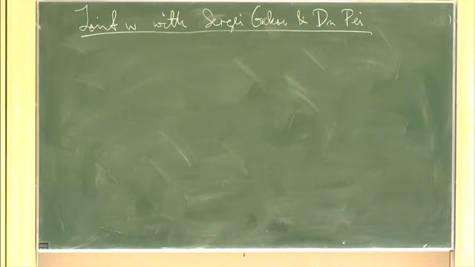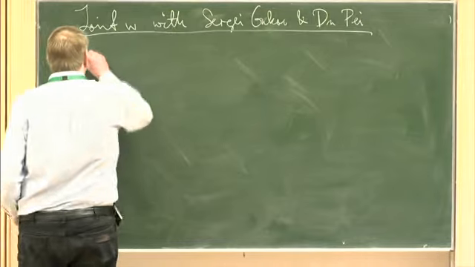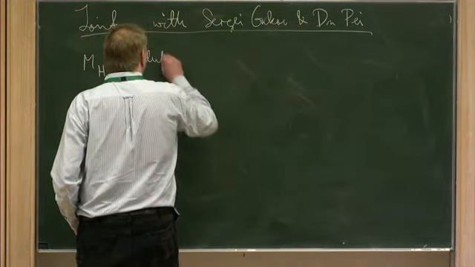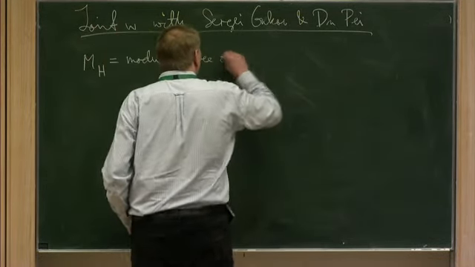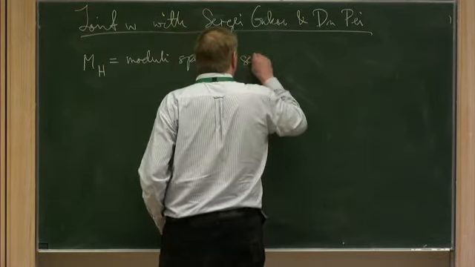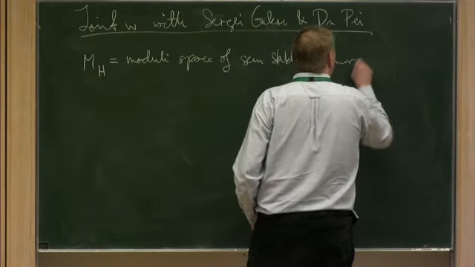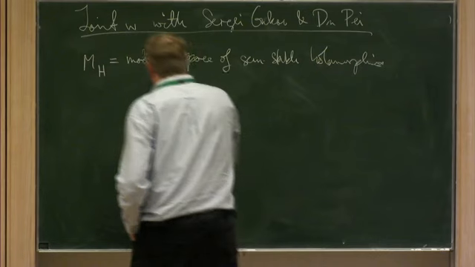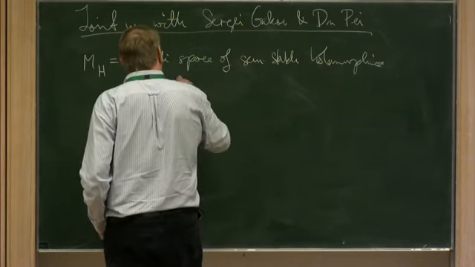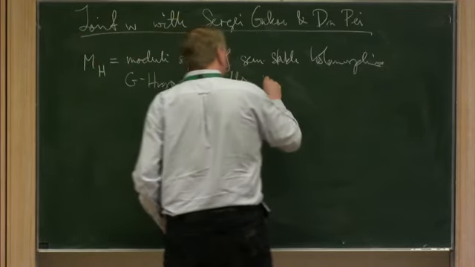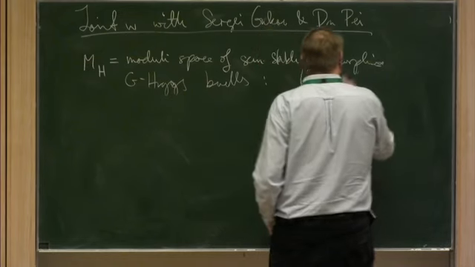But what we're going to do is something that's very natural from algebraic geometry, and that is just take this moduli space and replace it by the Higgs bundle moduli space. So we're just going to let MH be the moduli space of semi-stable holomorphic Higgs bundles. And of course it's G Higgs bundles. So it simply pairs P and phi.